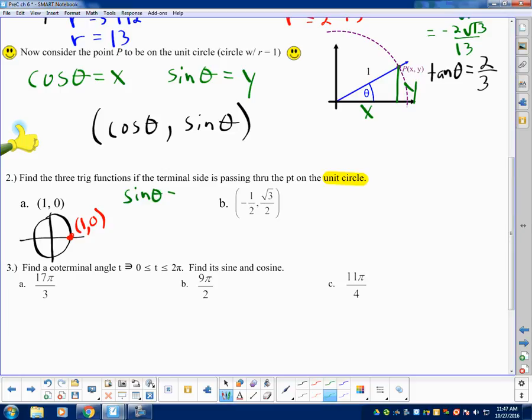That tells me sine of theta is going to be 0. Cosine theta is equal to 1. And then tangent theta, this is kind of like our table we had constructed with the special right triangles. Tangent theta is sine theta over cosine theta, or 0 over 1, which is 0.